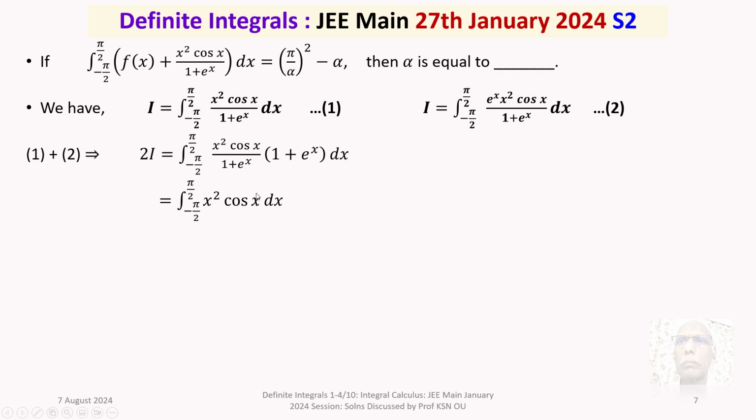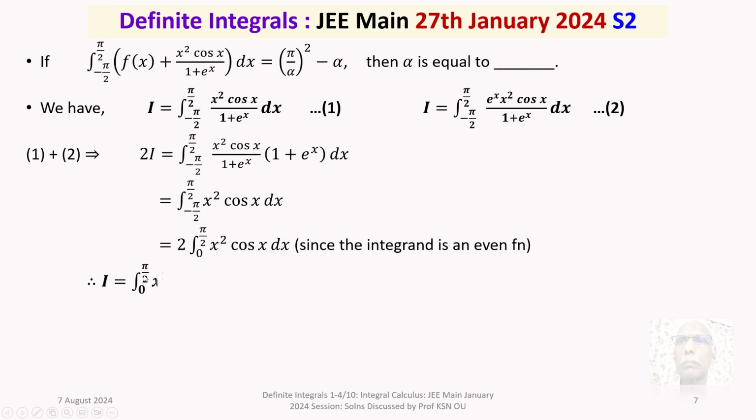And x square cos x is an even function, therefore 2 times half integral 0 to pi by 2 x square cos x dx. Right. So 2 cancels, and I is equal to integral 0 to pi by 2 x square cos x dx.